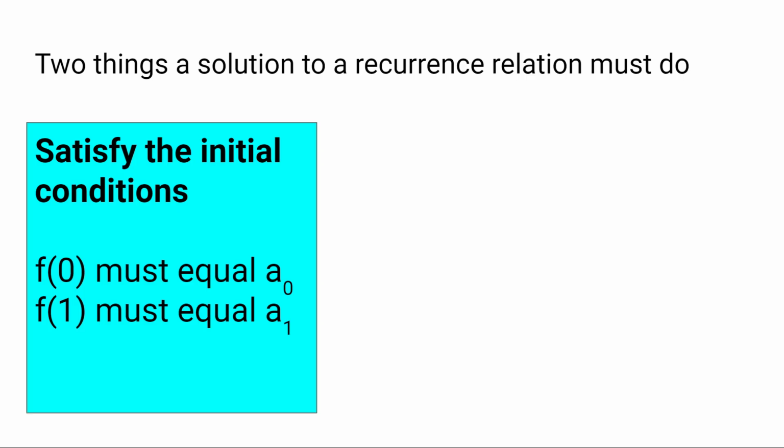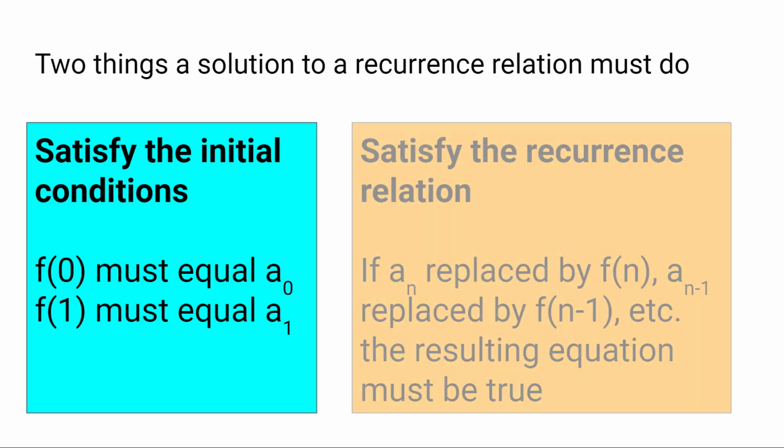Recurrence relations always have a finite list of initial conditions, and so it does make sense to check one by one whether the proposed solution agrees with all elements of that list. Doing so tells us that the function at least starts the sequence off the same way that the recurrence relation does. But then, once we've checked the initial conditions, a solution must satisfy the recurrence relation.